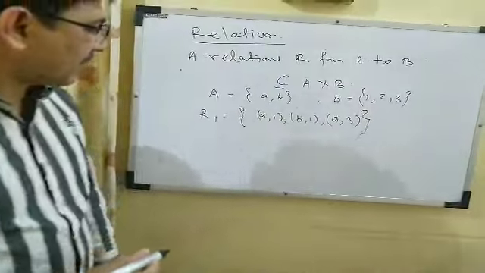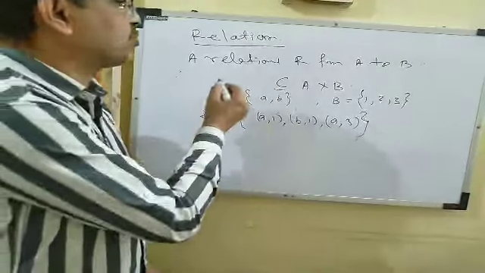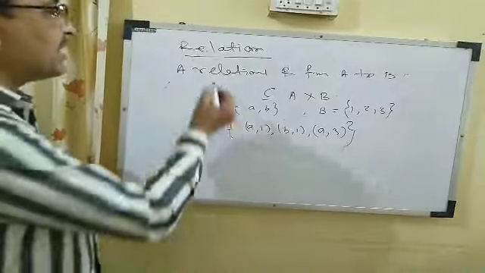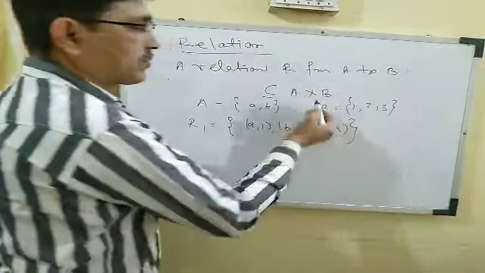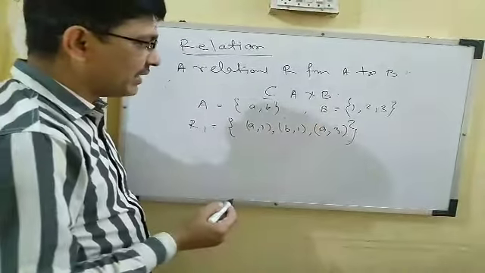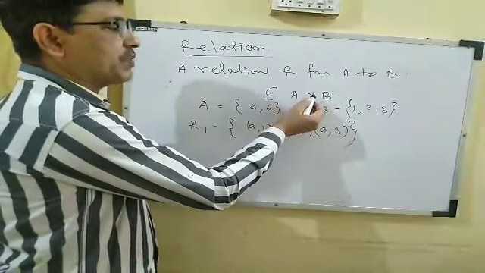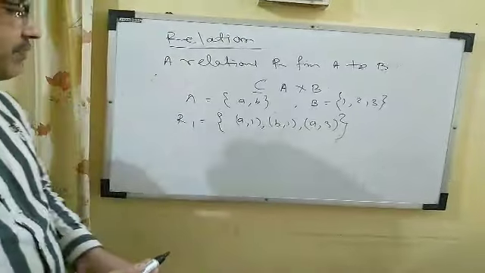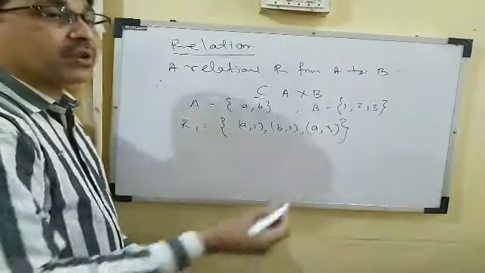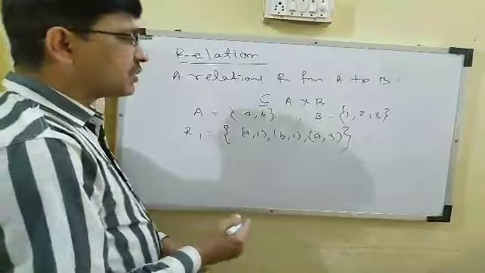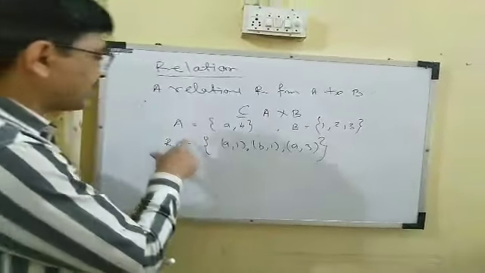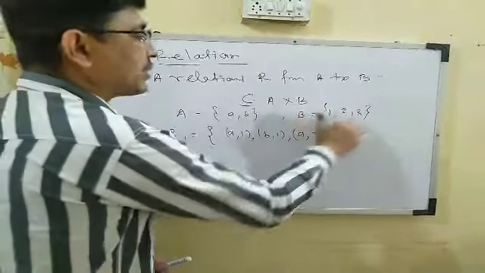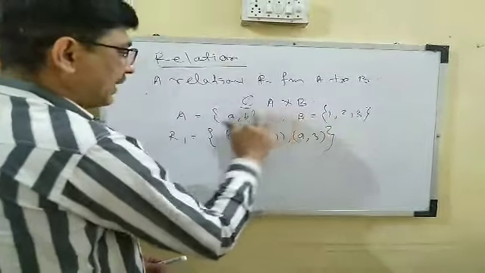Now we have to verify whether this R1 is a relation from A to B or not. What this definition states is that a relation R from A to B is a subset of A cross B, or in other words, every subset of A cross B is a relation from A to B. So we have to verify whether R1 is a subset of A cross B or not. Let us define A cross B: it is the collection of all (a,1), (a,2), (a,3), (b,1), (b,2) and (b,3).